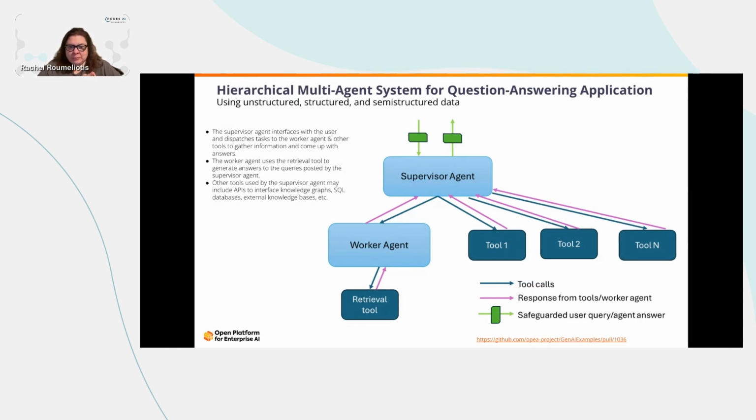So you query the supervising agent, right? And then it goes to all of these different tools, right? It goes to the worker agent that does its thing, but it can also go to these other tools. And I wrote down what these could be. Oh, it could be knowledge graphs, could be SQL databases, it could be other sorts of databases. So it's really, again, sort of crafting together that answer for you to get a better quality answer.